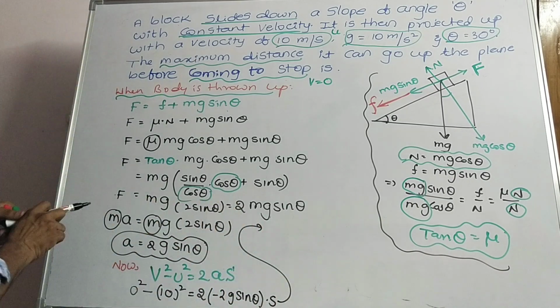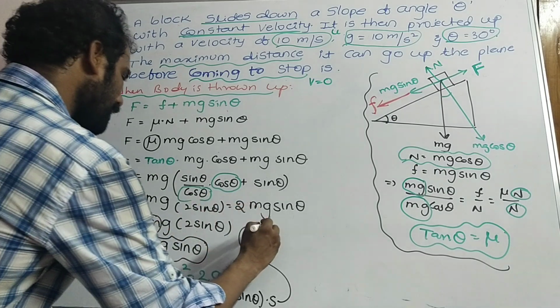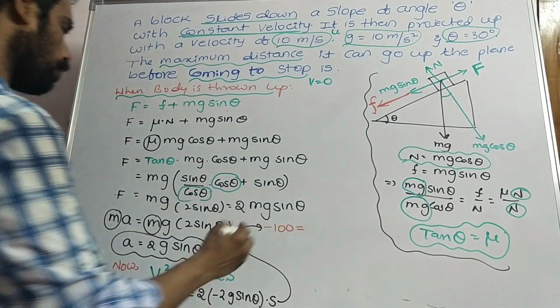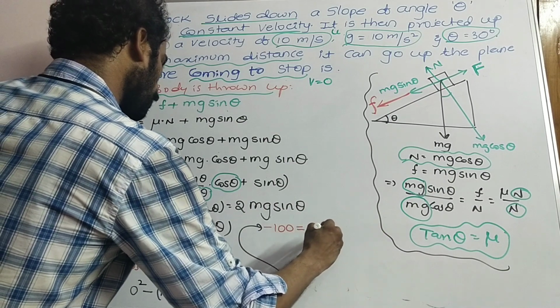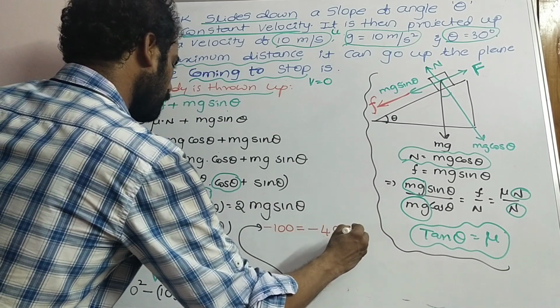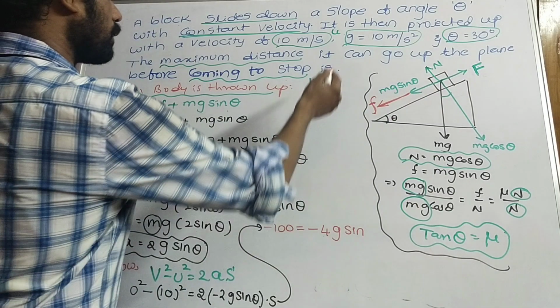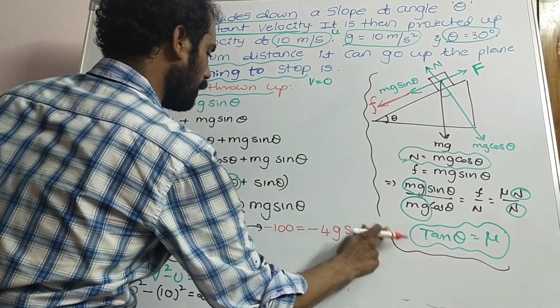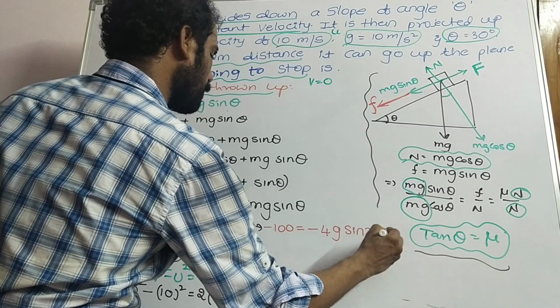Now the expression becomes minus 100 is equal to minus 4g sin theta into s, where theta is 30 degree and s is the displacement.